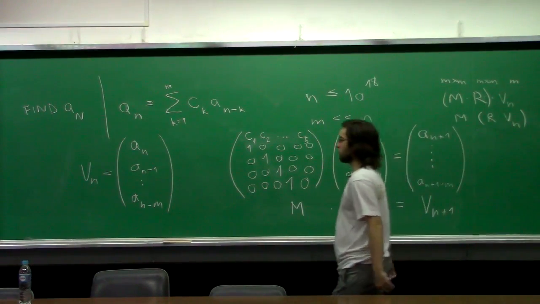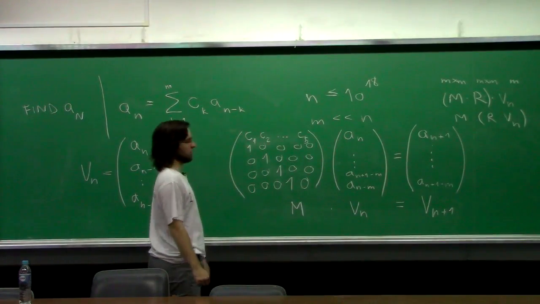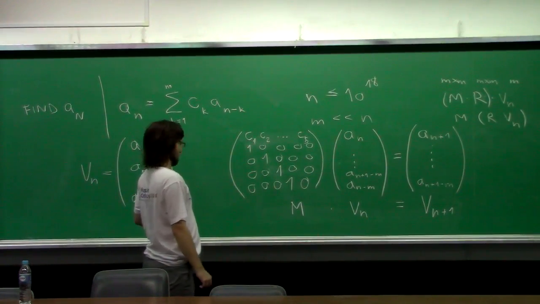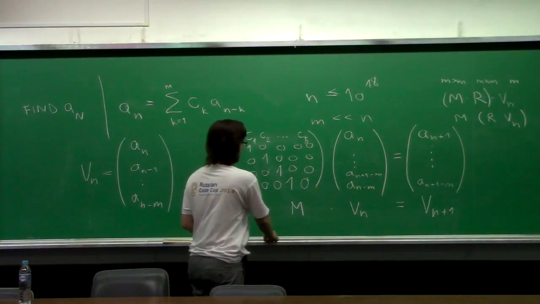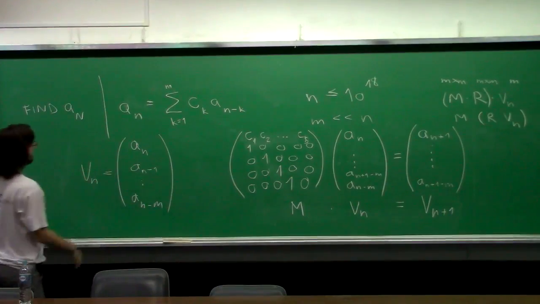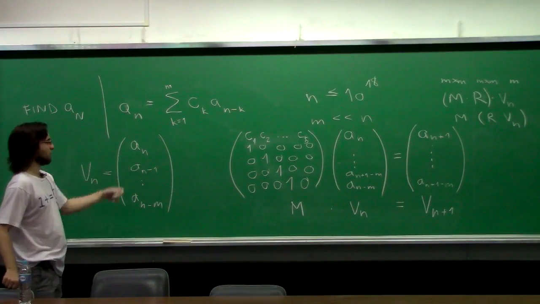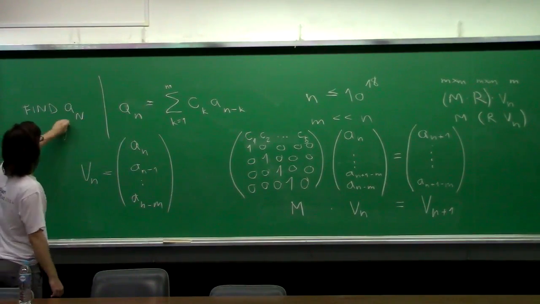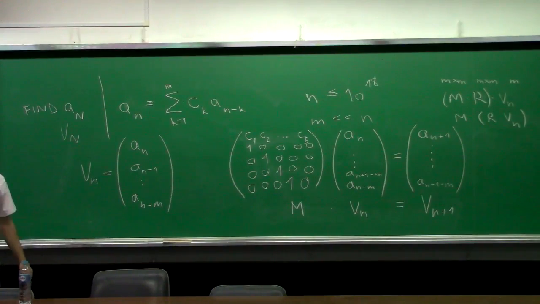It's useful in some problems, and in other ones it's impossible to avoid it. For example, there's exactly this problem of finding An. Since An is just the top element of Vn, then we can find the vector Vn and then take the top element of this.